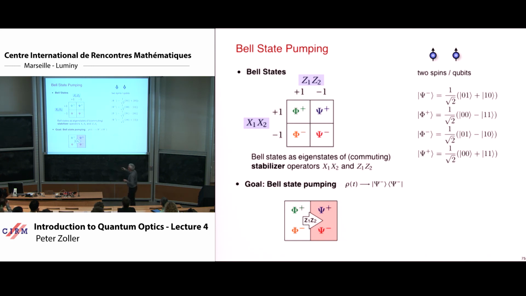And then you would like to find an operator that does sort of C1, C2 stabilizer pumping from this state to this one over here, changing the eigenvalue of this. And how would you do that?